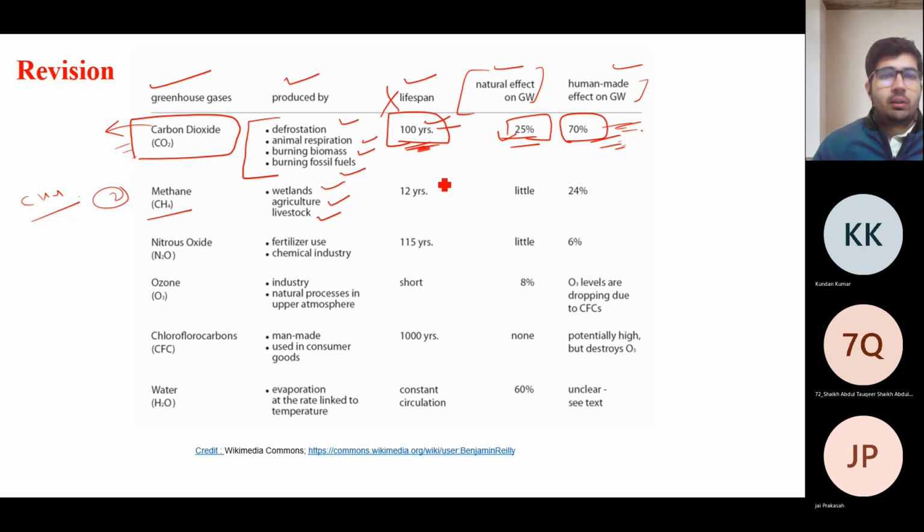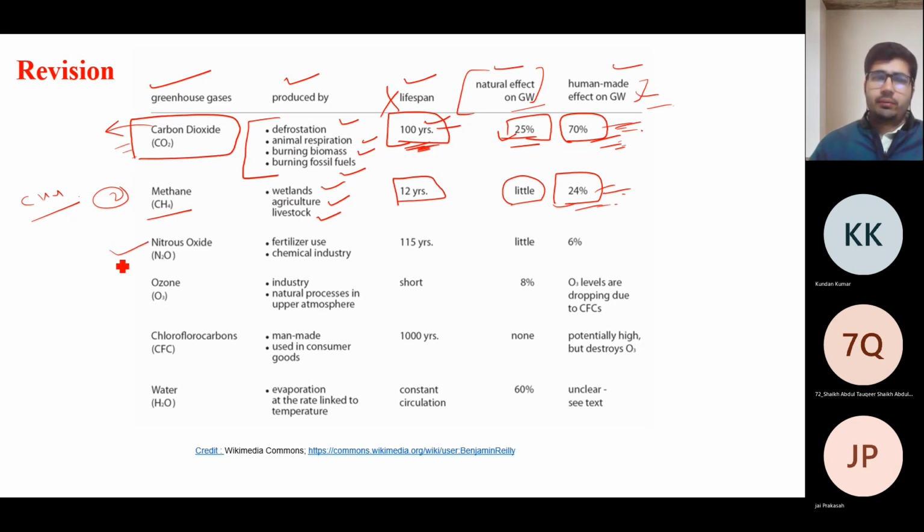So that is also a reason. The lifespan of CH4 is 12 years, which is very less compared to CO2. The natural effect on global warming is little, less than 1%. But the human-made effect on global warming is 24%. So you can see the high impact is from human-made sources only.